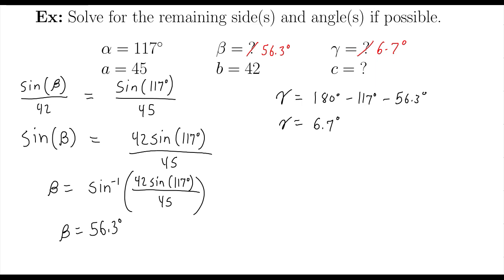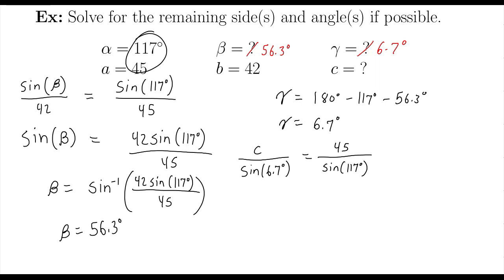And then it follows that I can find side c by using the law of sines. I like to use this combination here because I know both of those numbers are right. I don't want to use these numbers because there's a chance that I typed something in wrong in my calculator, and this is wrong. So always use what you know for sure to be the right numbers, and that's the best way to do it.